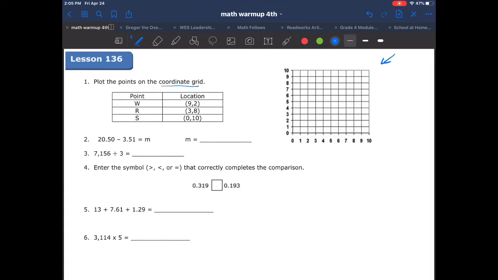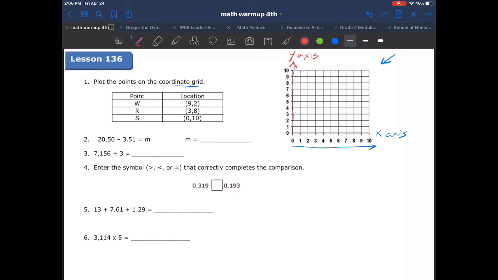So we've got 0 through 10 this way, and later on they will explain to you that this is the x-axis. And we've got 0 through 10 going this way, and this is the y-axis.